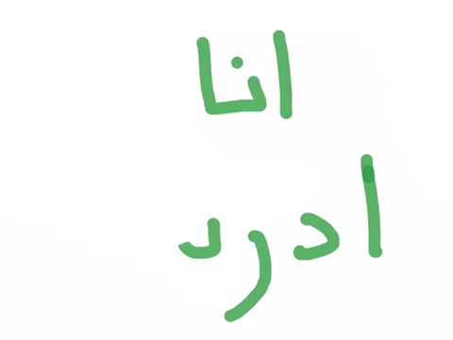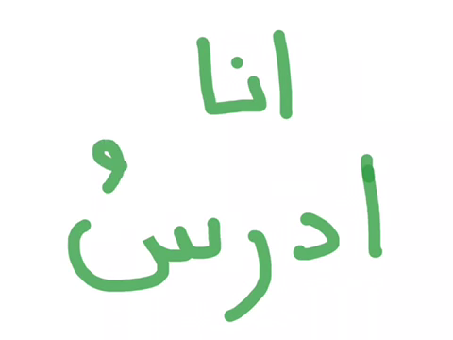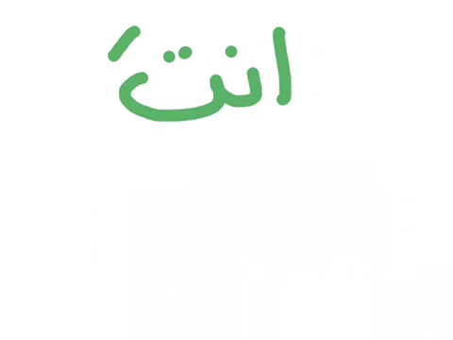We begin with an aleph, then our three root letters, and a dhamma. Edrusu. Ana edrusu. I study, or I am studying. What about if we want to say you study to a male?